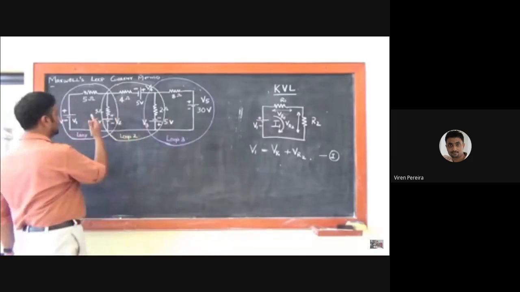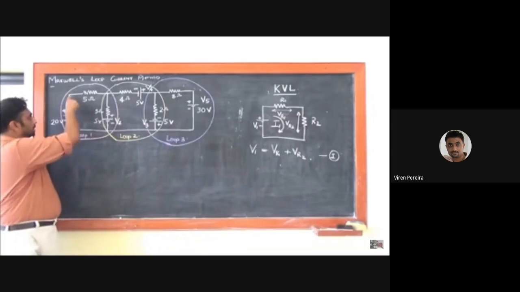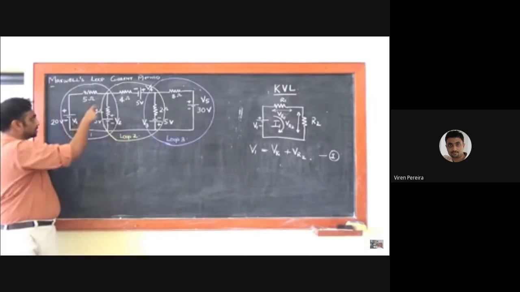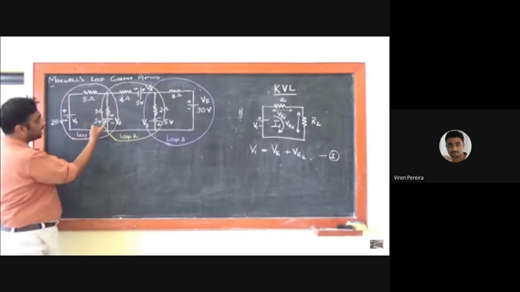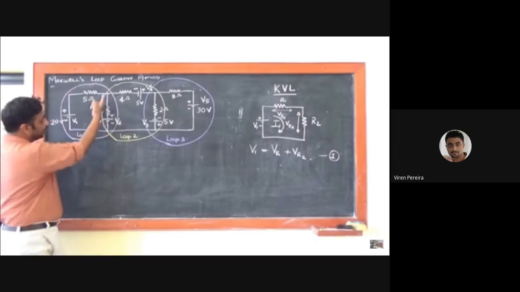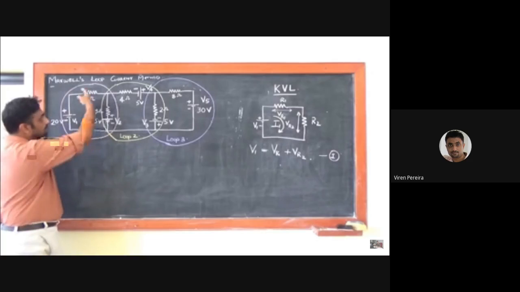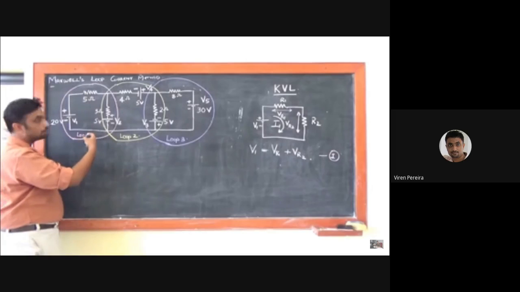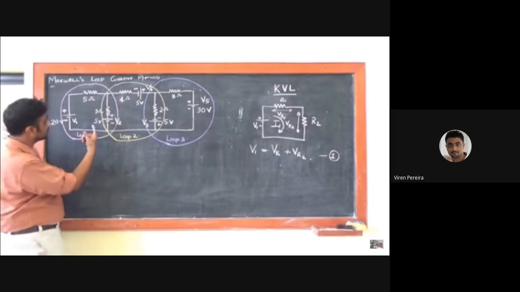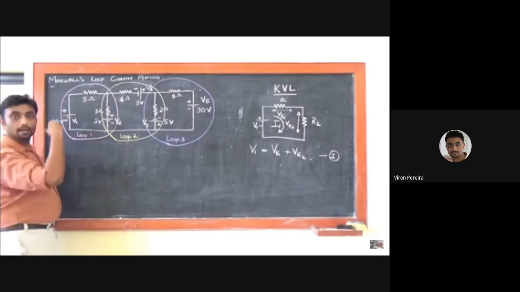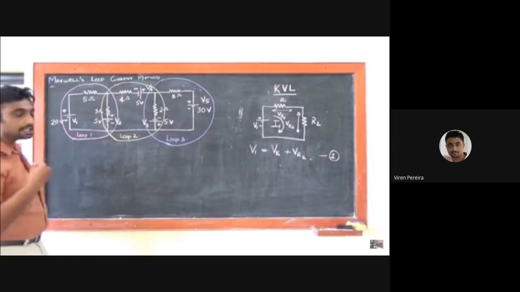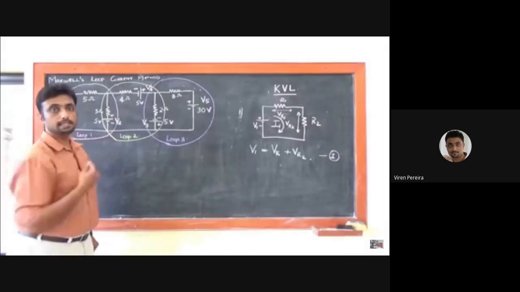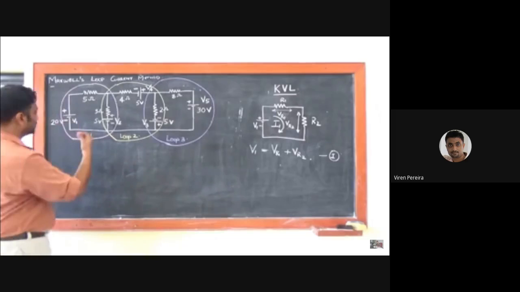But we cannot apply the same logic here because we have one voltage source, V1, which has positive and negative, and the current from here is flowing clockwise. And for the other voltage source V2, the current flows anti-clockwise. So we are not sure whether the direction is clockwise or anti-clockwise. So initially at start, we have to assume a particular direction.